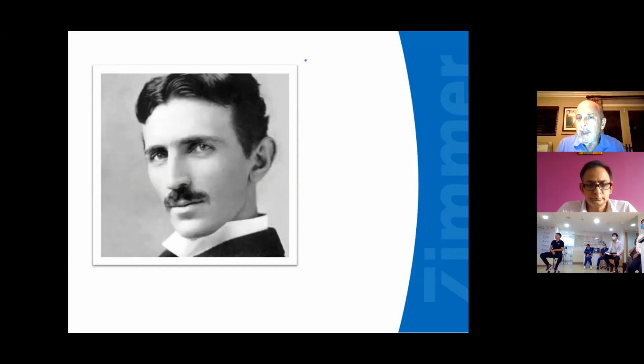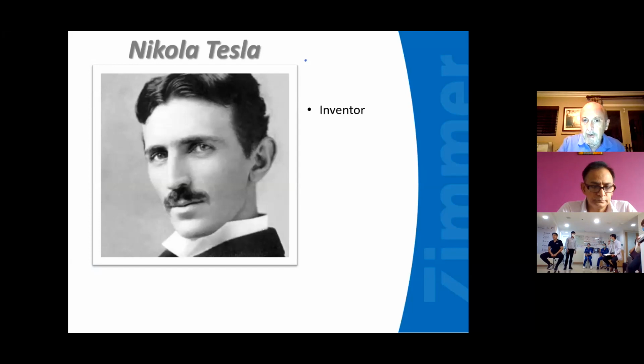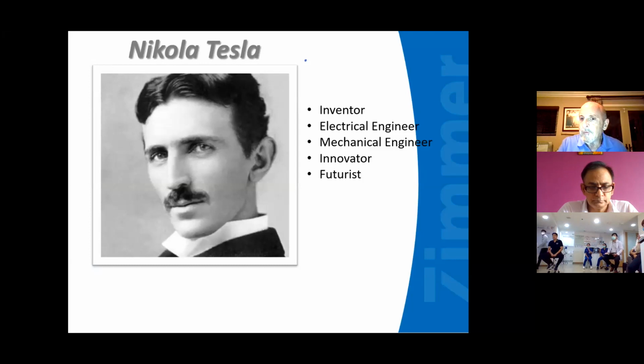We use as our unit of measurement here Tesla, because Teslas are an incredible amount of energy. And there really was a Tesla, not the car, but this gentleman here, where it came from. He was an inventor, an electrical engineer, a mechanical engineer, an innovator, and a definite futurist, Nikola Tesla.